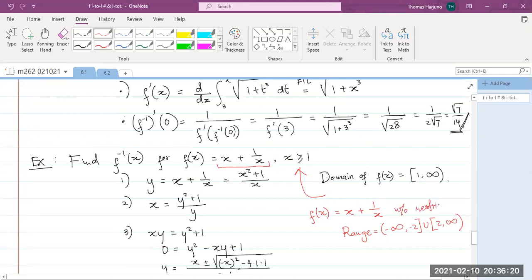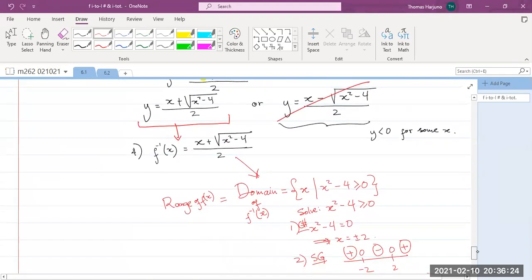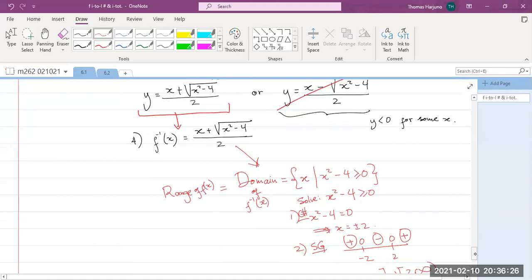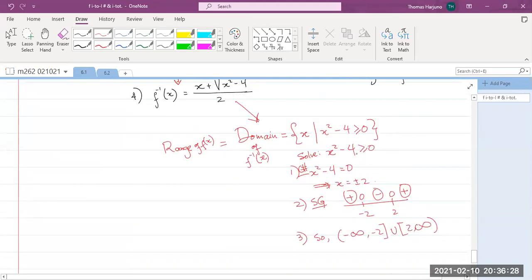Okay, and actually analytically we did it by doing this. Now the reason why I cancel, so if there's no restriction, we get this thing, right?